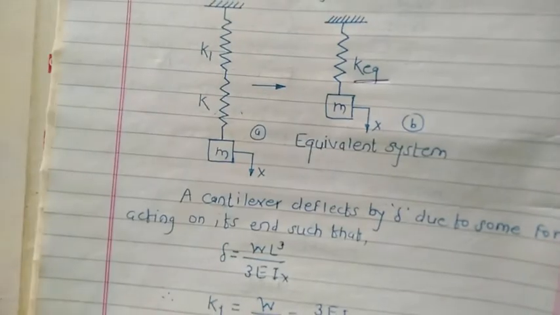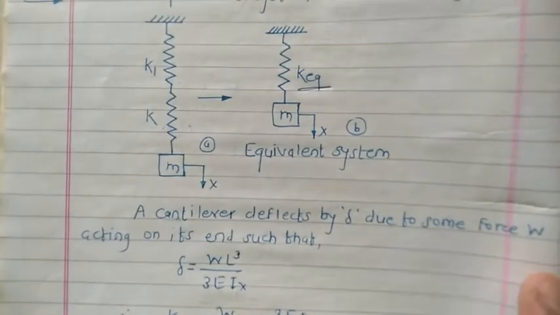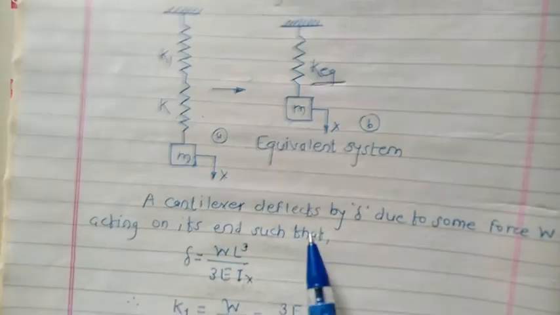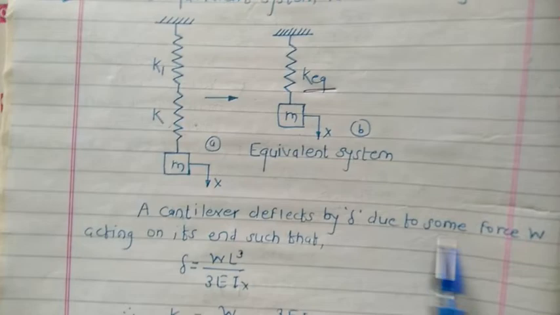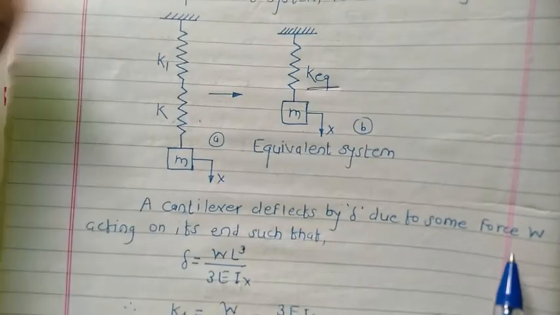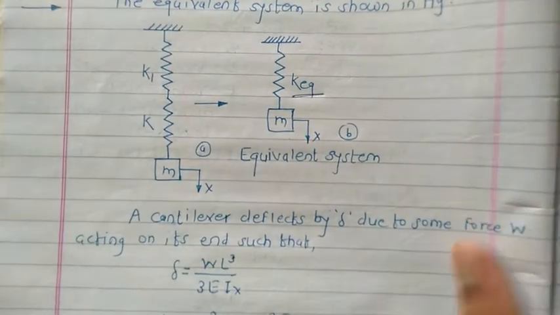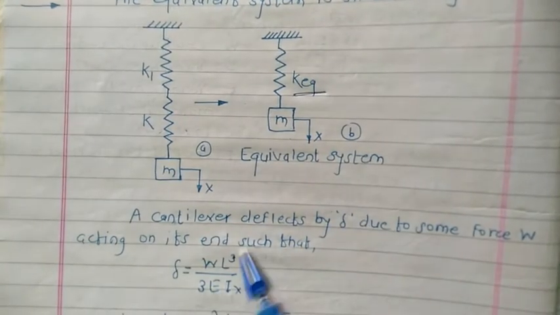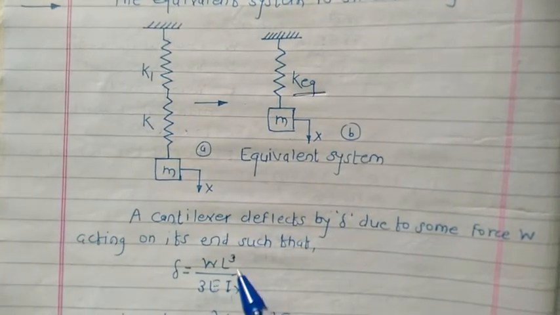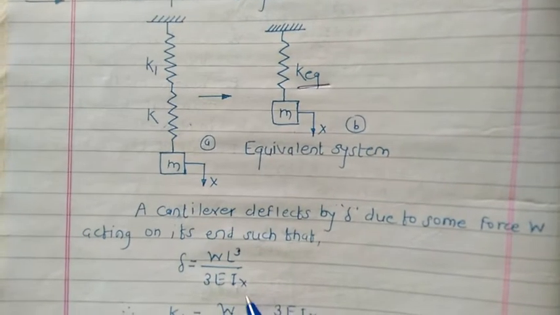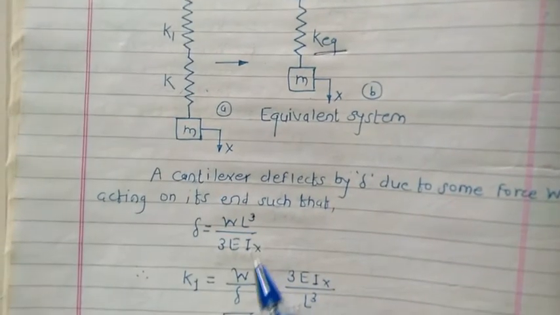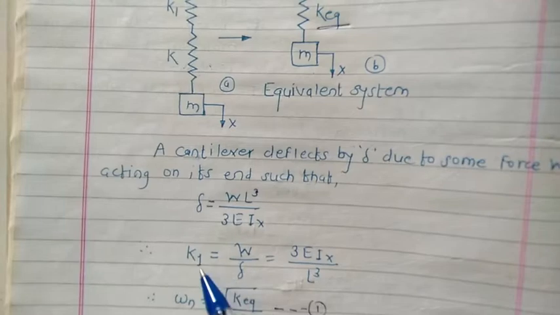In the case of a cantilever beam, what is the deflection delta due to some force W acting at its end? We have already seen delta equals W L cube divided by 3EI. So what is K1?